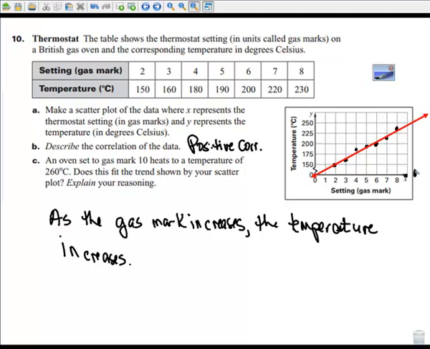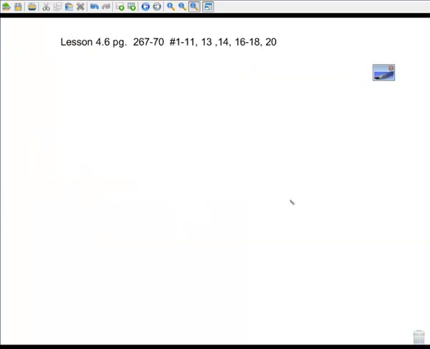If I followed it up, whoa, it does look like it would fit the trend. So yes, and I will just point over to my graph because that's an explanation enough. And again, as the gas mark increases, the temperature increases, and we've increased it to 10, and the temperature did go up.